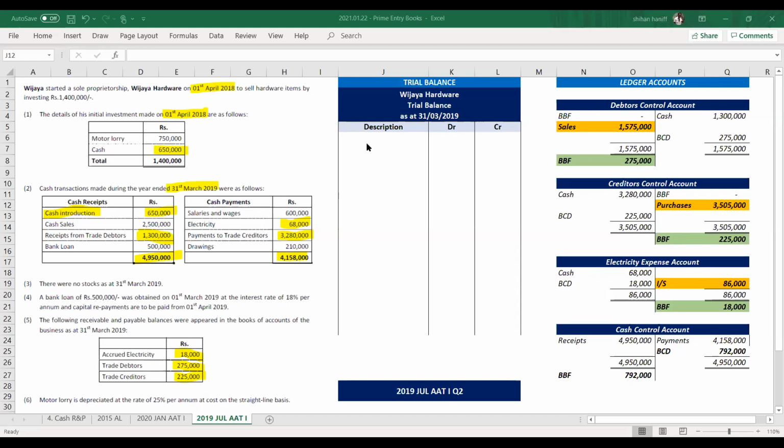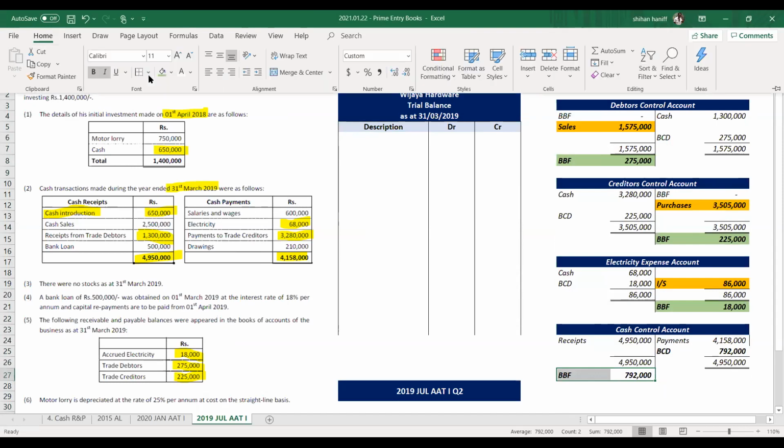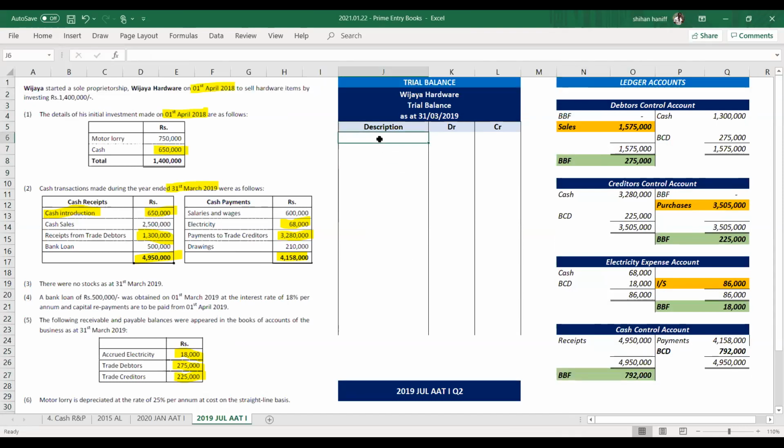Okay, then we will record the transactions. Take the closing balances from these ledger accounts.